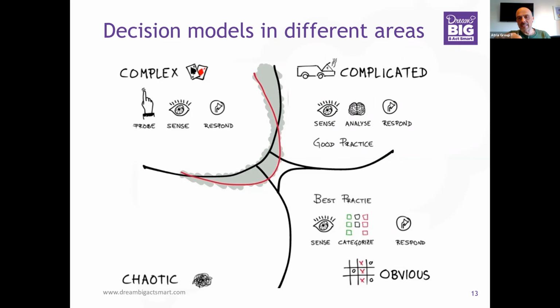So in the complex area, your goal is to find a small sample to test your strategy, to see if, based on this experience, you can make some kind of generalization, come up with an approach, and then apply this approach to the whole thing, and then be really ready to change this approach. A very important thing is that in such areas, there are no best practices, there are no good practices.